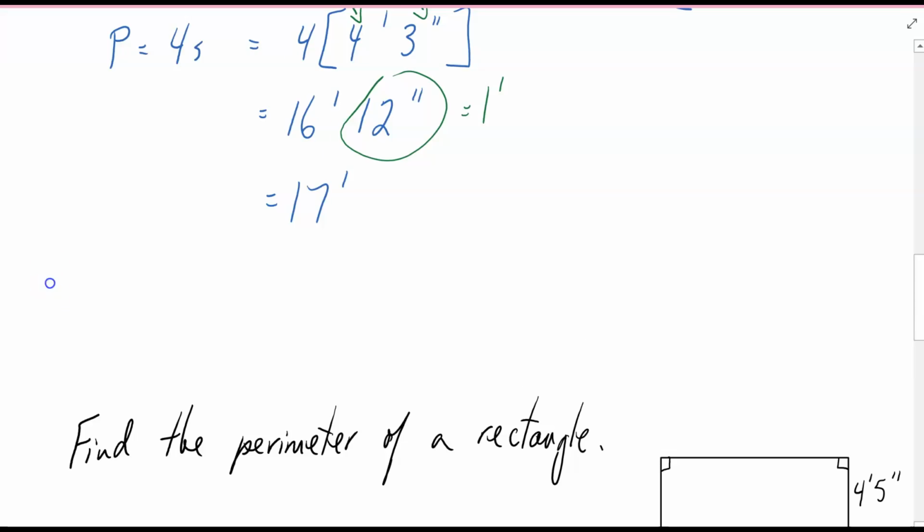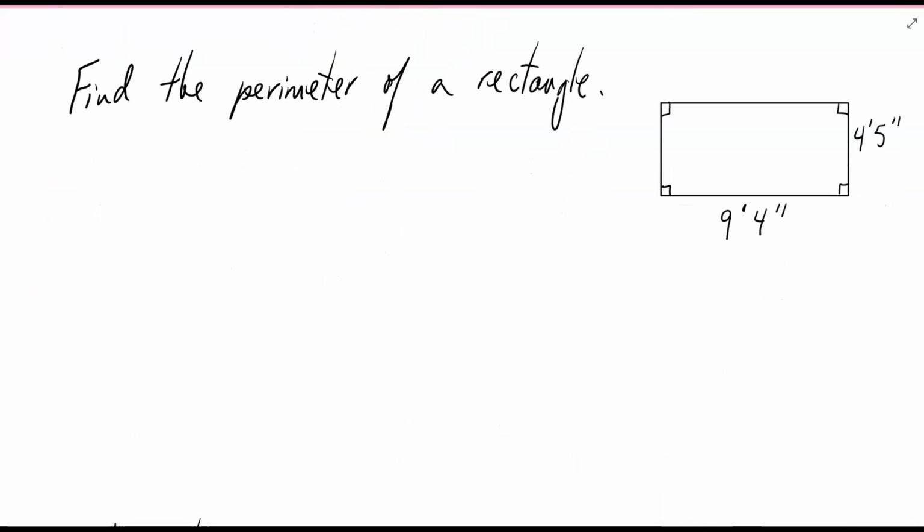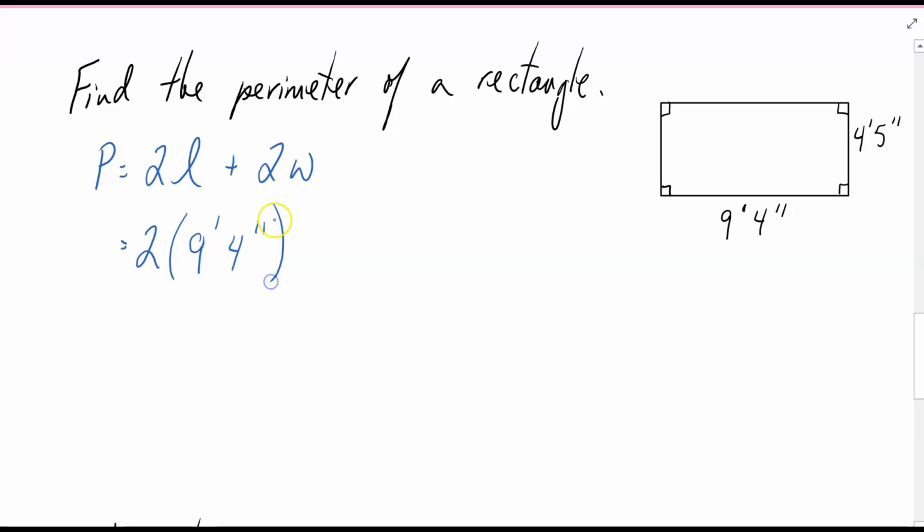All right, so let's try another one. We're going to find the perimeter of this rectangle. The perimeter of a rectangle is equal to 2 times the length plus 2 times the width. My length is 9 feet 4 inches, so 2 times 9 feet 4 inches plus 2 times my width, 4 feet 5 inches.